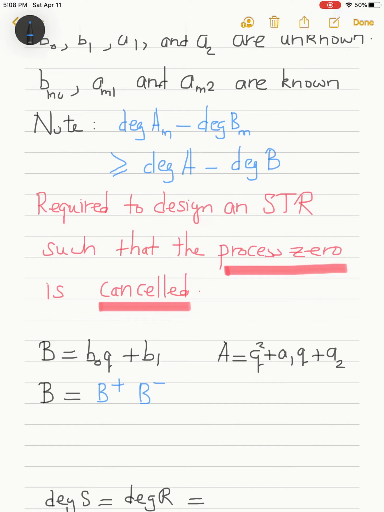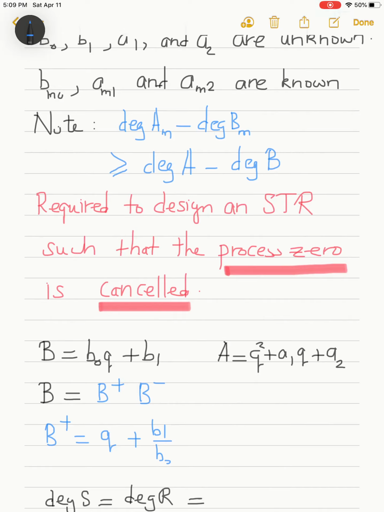Now since B is a first order polynomial, and we assume we know that, then B plus should be taken as q plus b1 over b0. Of course, we don't know b1 or b0. We'll see how to find them later on, but this in general will be the form of B plus.